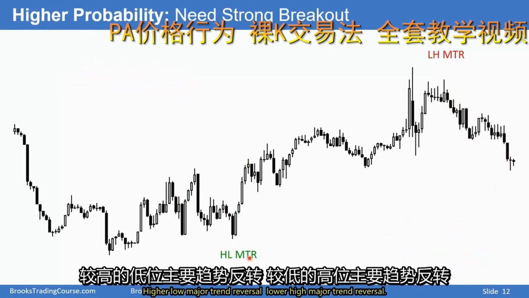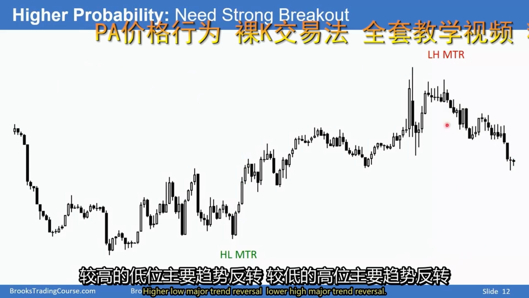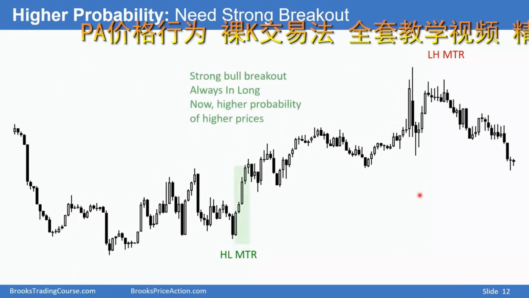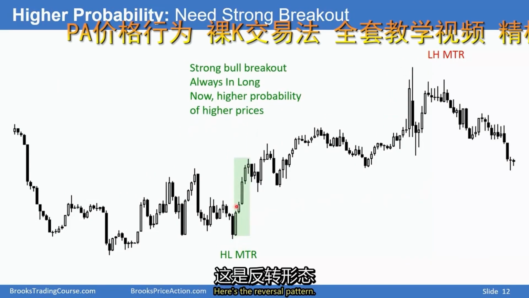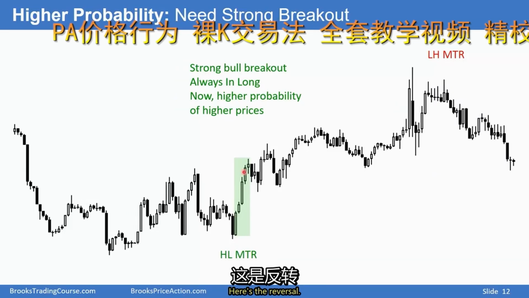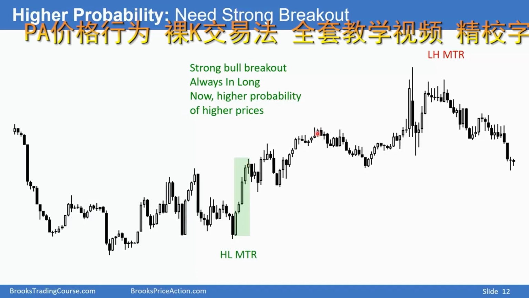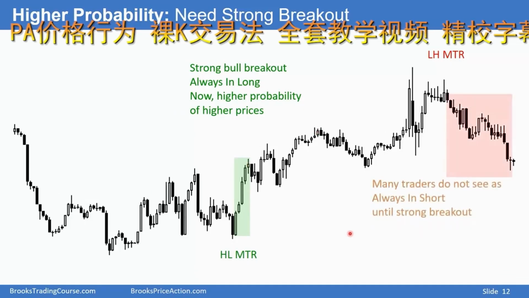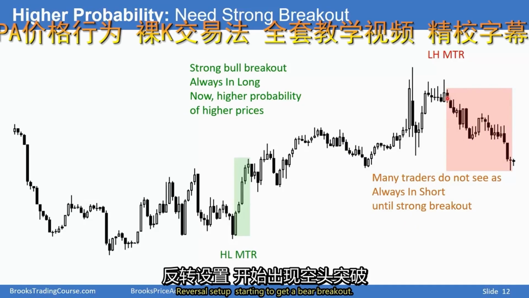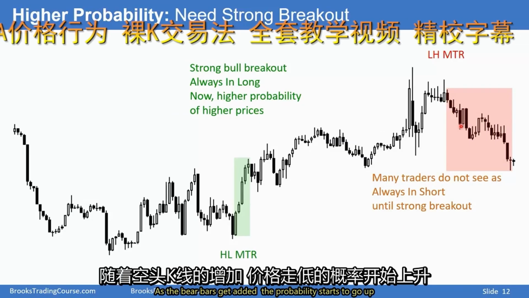Higher low major trend reversal, lower high major trend reversal. Here's the reversal pattern, here's the reversal. Now we have a high probability of higher prices. Reversal setup, starting to get a bear breakout.